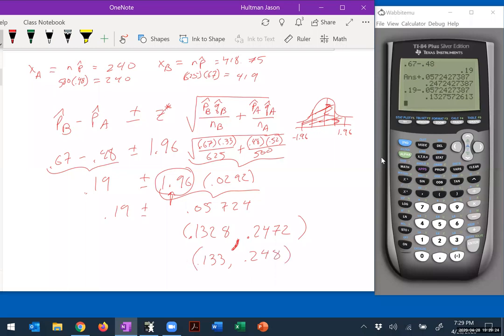What 1.96 really should be is this: inverse norm on the area, which is 0.025, and it's this value here, 1.95996. So it's very close, but there is some rounding error involved.